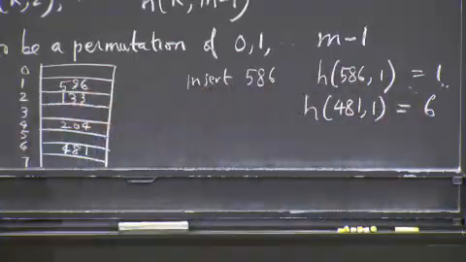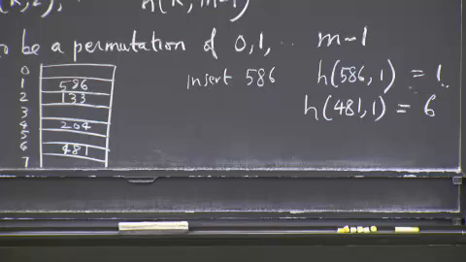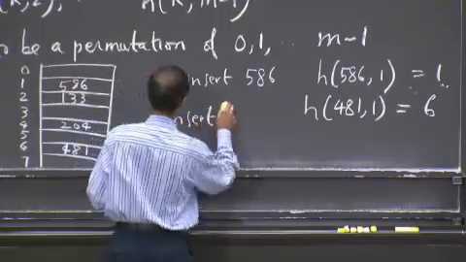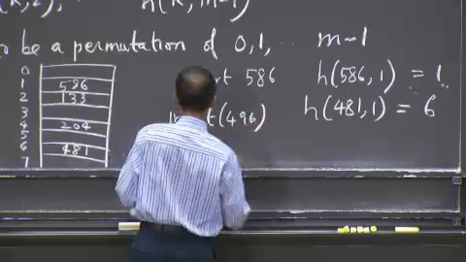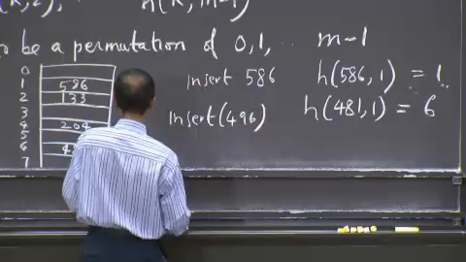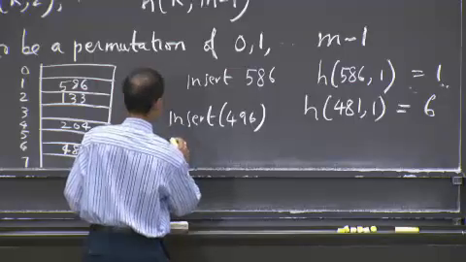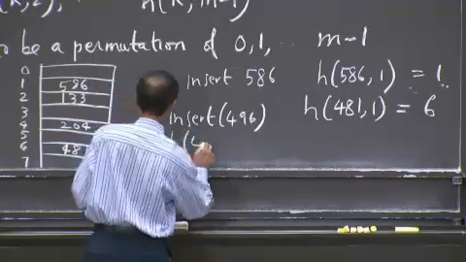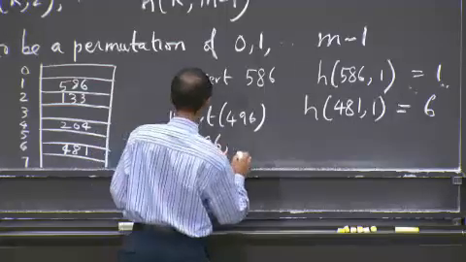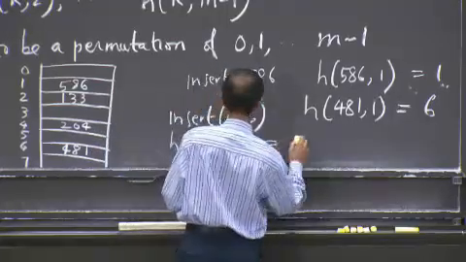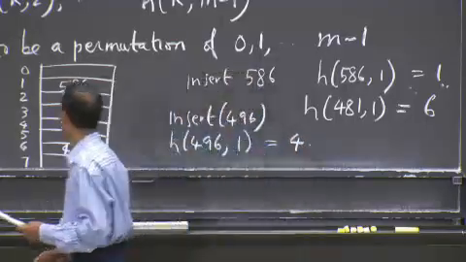All right? Now I get to the point where I want to insert 496. And when I try to insert 496, I have h(496, 1) happens to be 4. Okay?